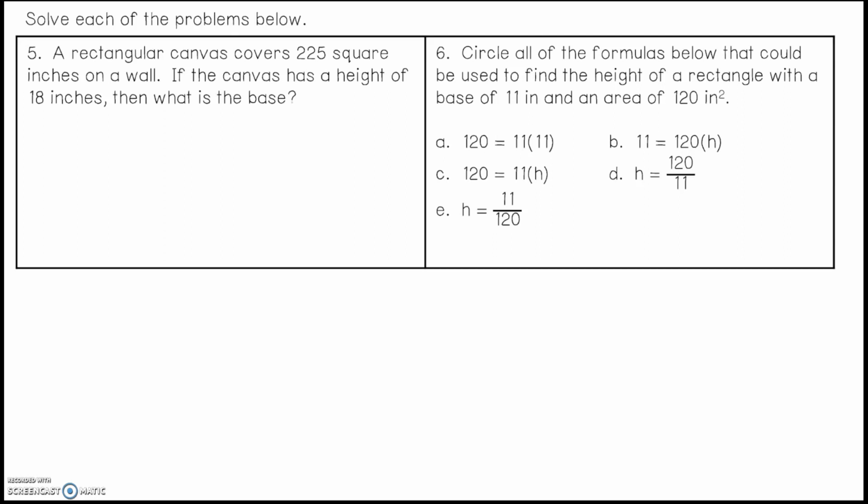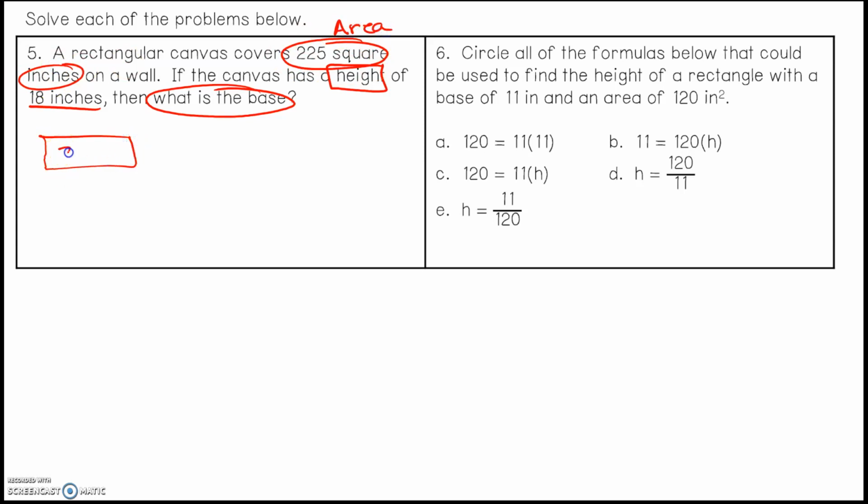I'm going to continue. Okay, this rectangle has a height of 18 inches. We need to find the base, and we know that it covers 225 square inches on a wall, which is our area. So if I draw the figure, it's 225 square inches. We know that the height is 18, and we're looking for the base. So using our formula, area equals base times height.